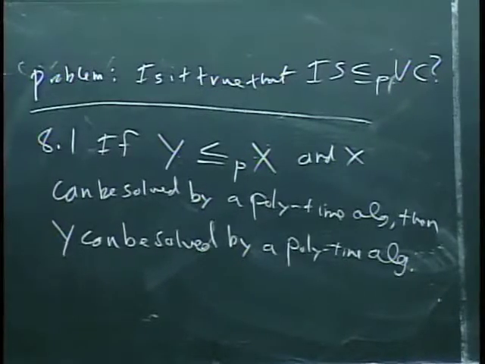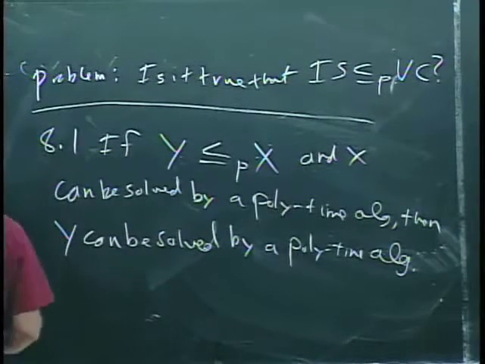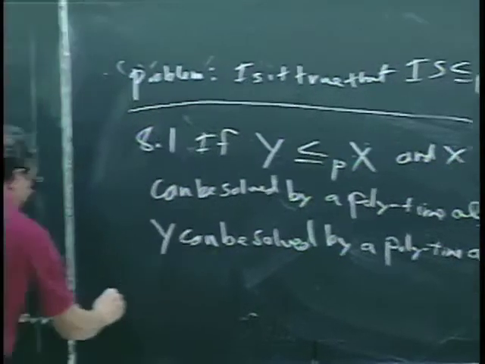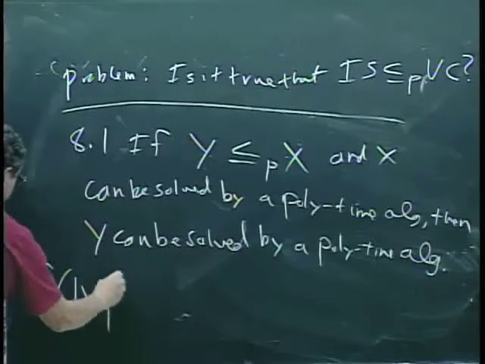Okay. Now there's actually a little subtlety here, which has to do with the fact that a polynomial of a polynomial is still polynomial. Okay? So the polynomial work that you're doing in order to make the calls, let's say that's polynomial f of the input size of y.